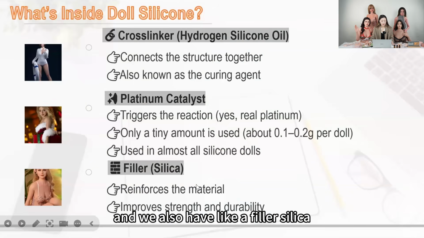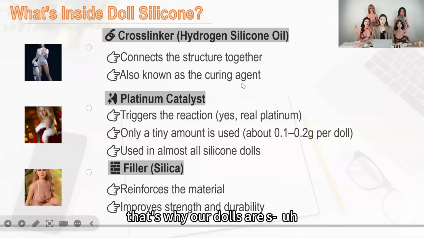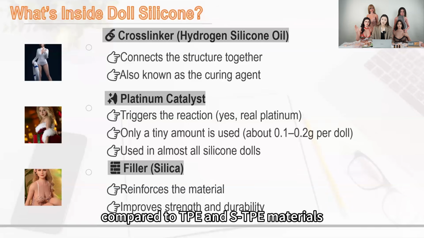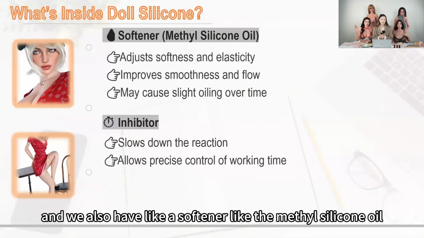And we also have a filler, silica. It reinforces the material and improves strength and durability. That's why silicone dolls are more durable compared to TPE and S-TPE materials. And we also have a softener, like the methyl silicone oil.